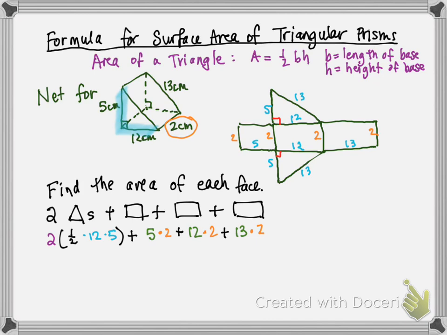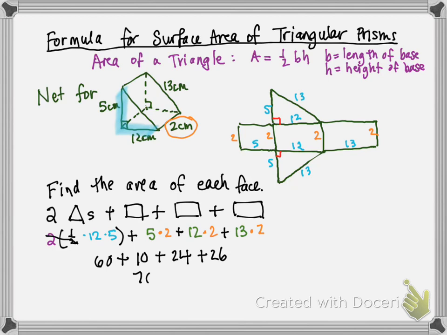It works that way every single time. So I'm just going to do the math here. This is one big product in the beginning, so 2 times 1/2 is 1. So I'm left with 12 times 5 is 60, plus 5 times 2 is 10, plus 12 times 2 is 24, plus 13 times 2 is 26. And I just add up everything that I have.